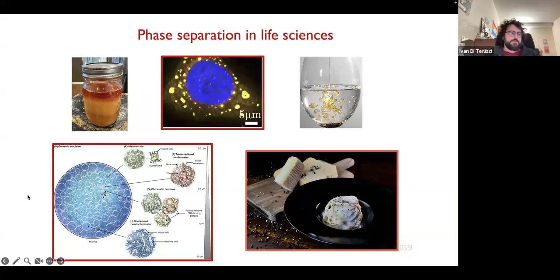You probably all know that cells contain organelles like the nucleus, mitochondria, ribosomes, and all kinds of stuff. And all these organelles have a membrane. The membrane is important to keep these compartments separated from each other.